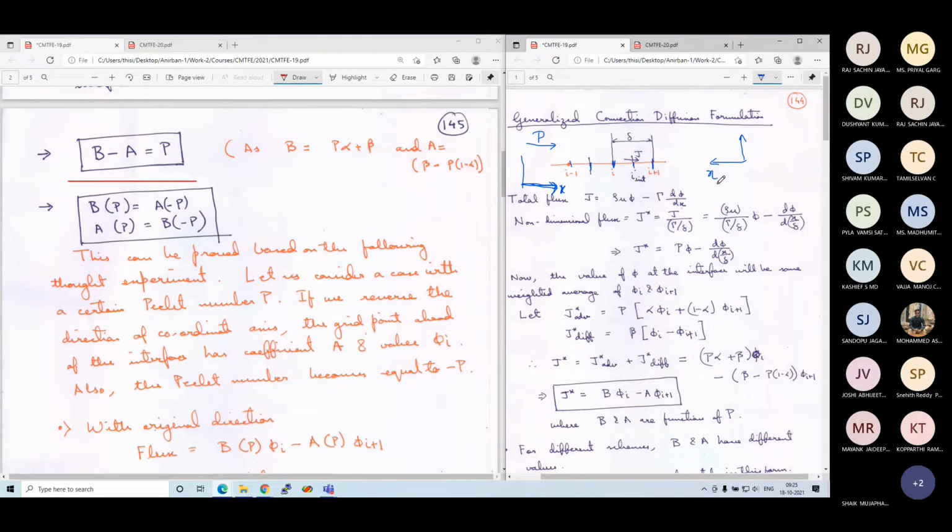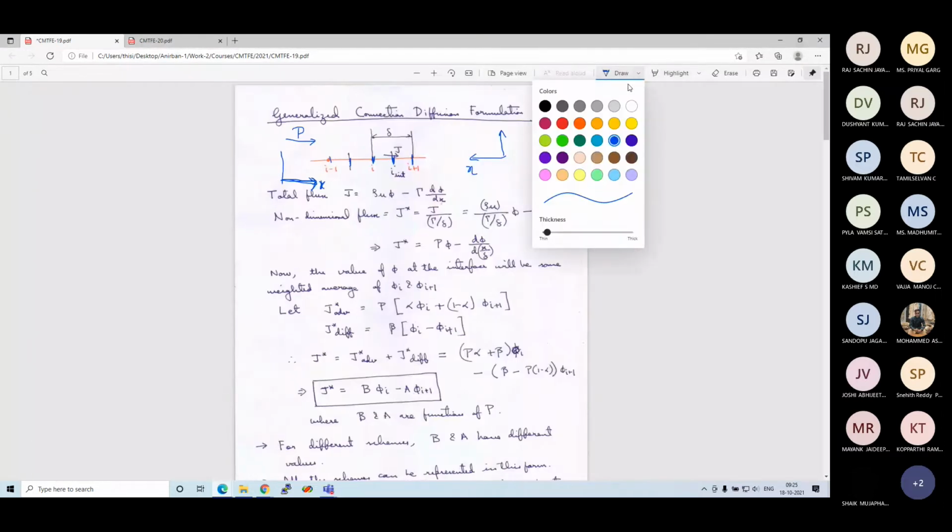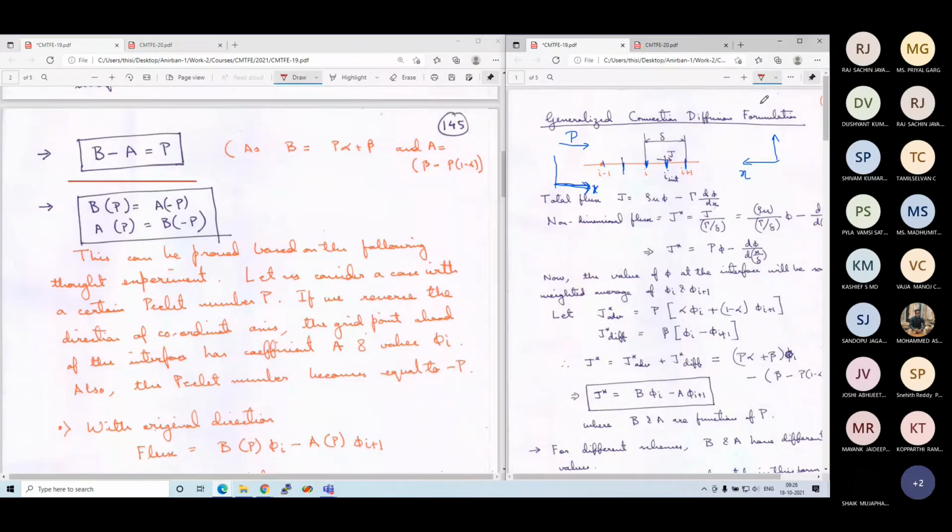In this coordinate axis, we can write the flux at this interface as B of P phi I minus A of P phi I plus 1, based on our original generalized discretization scheme.